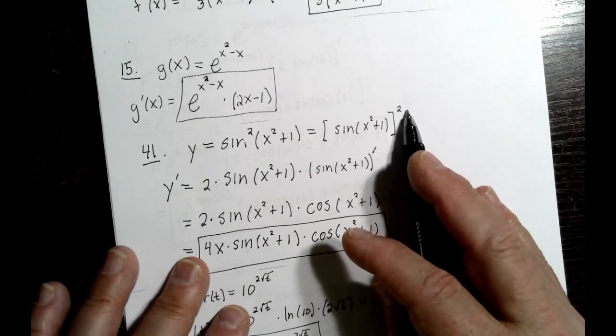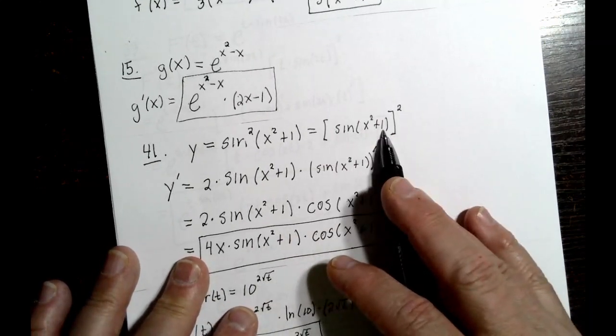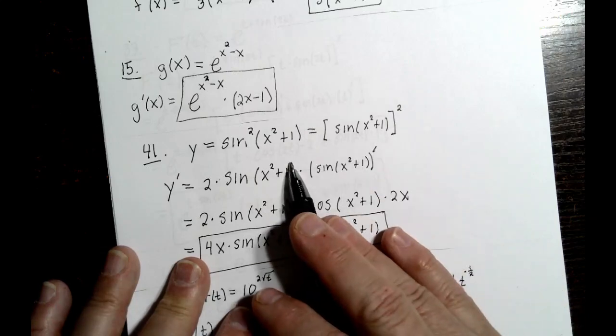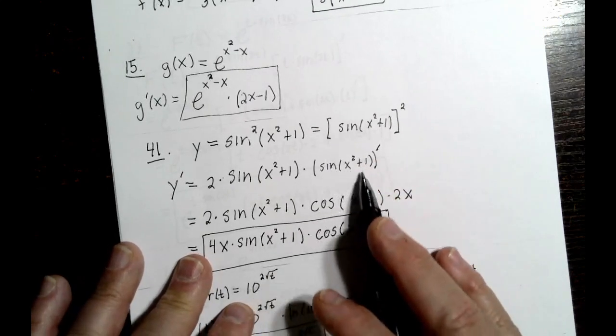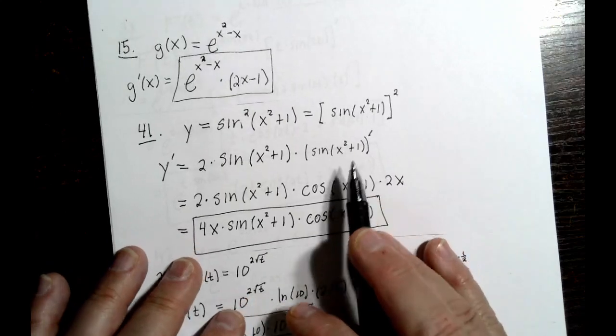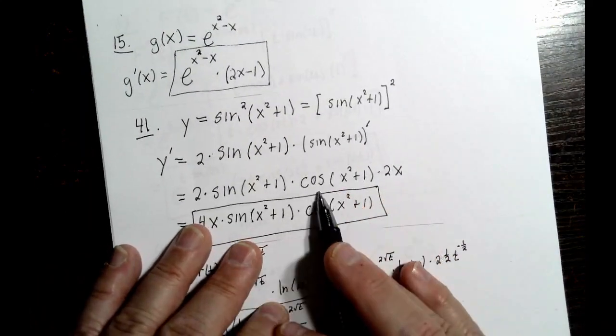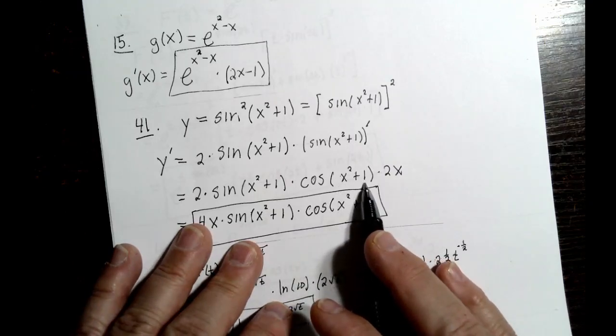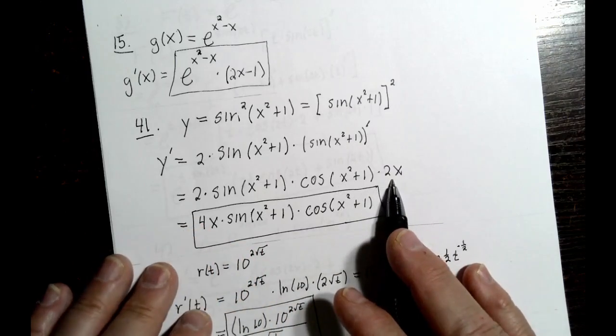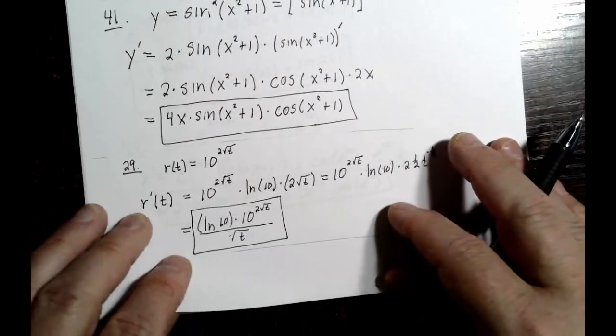So when you take the derivative, you bring the 2 out front, you leave the inside alone, and you subtract 1 from the exponent. But then you have to take the derivative of what's inside. Now when you take that derivative, that's the chain rule again. Derivative of sine is cosine, you leave the inside untouched, times the derivative of what's inside. And that's how you get your answer there.